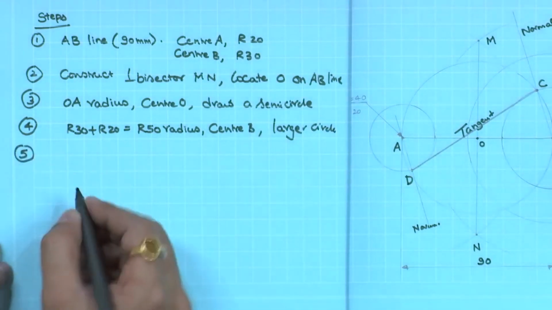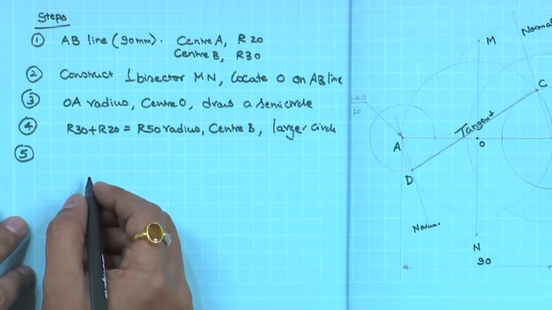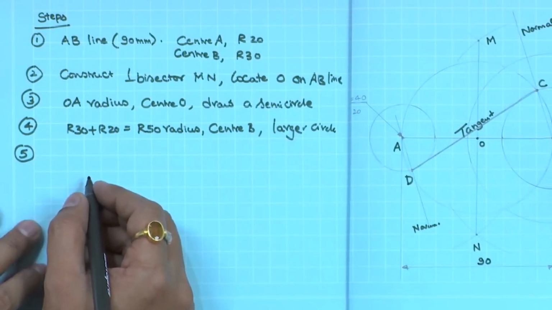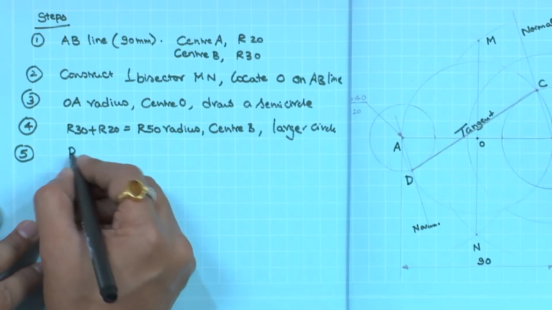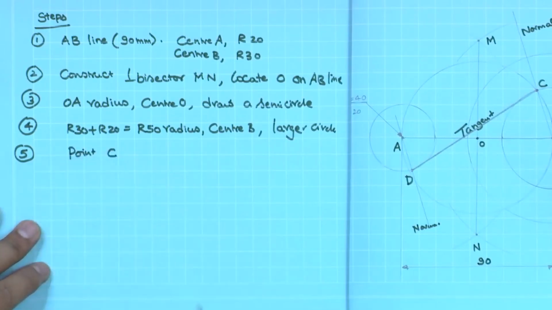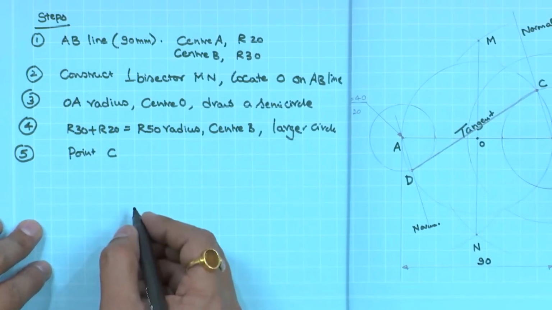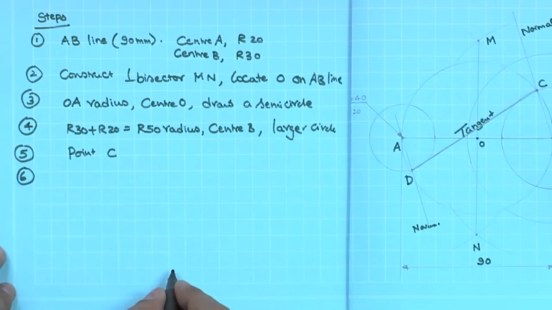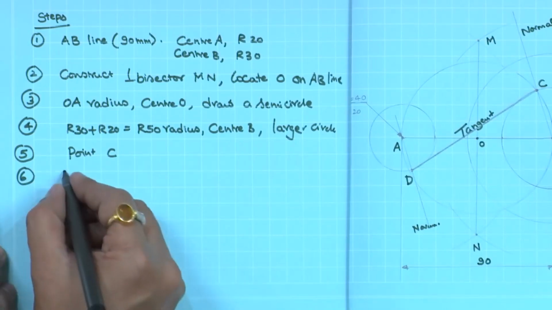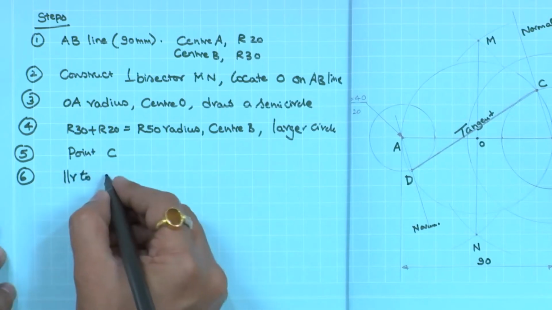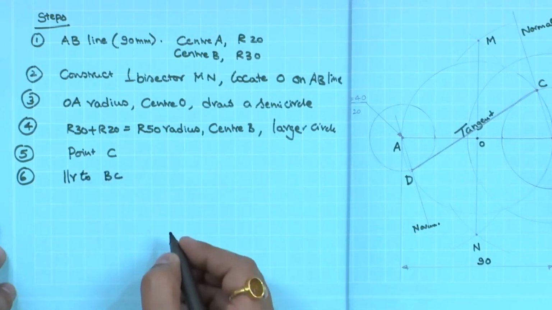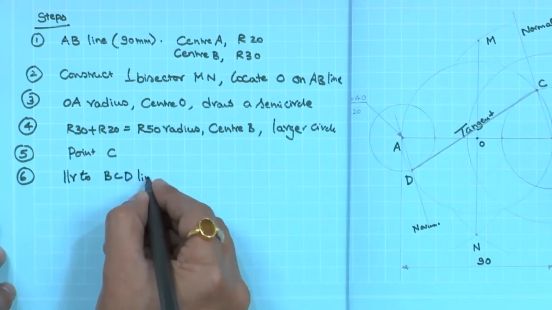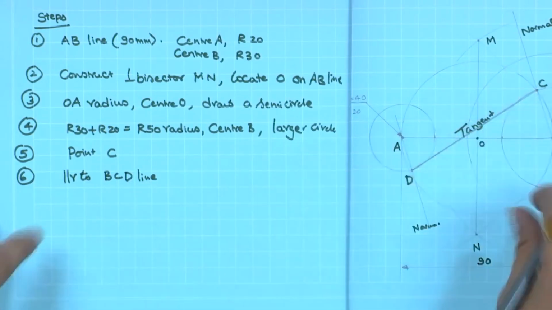The intersection point between this semicircle and this smaller circle gives a point C. Once that is identified, parallel to the BCD line, because usually these circles might be very small.